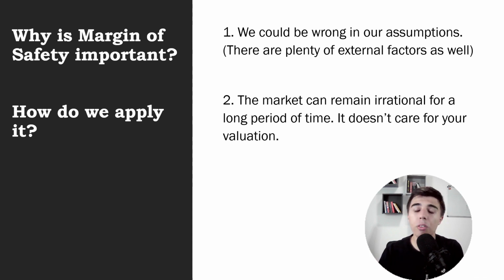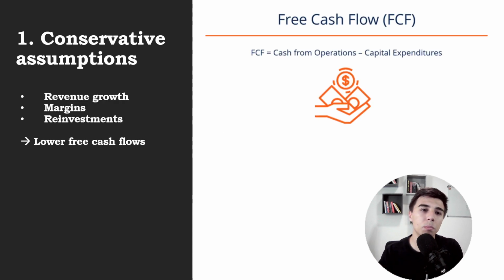Well, there are 3 options, and this is again the way that I see it, and you can disagree with me. The first one is to use more conservative assumptions. So if the analysts are forecasting 15% revenue growth for the next 5 years, maybe it's better to use 12%. Now, if it turns out to be 20, perfect.